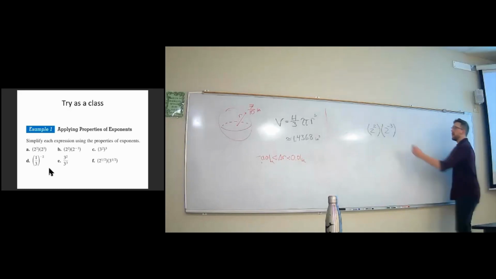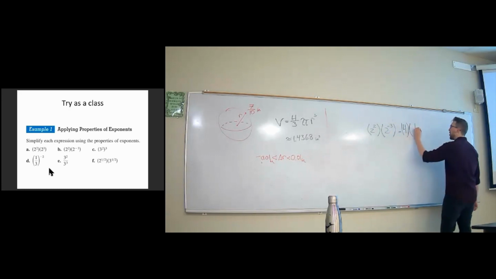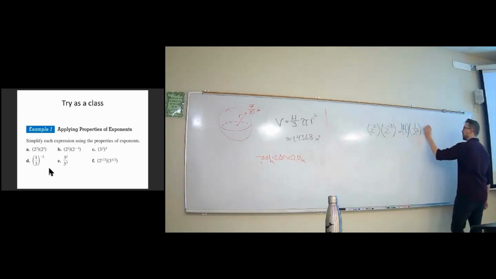We could say this is 4. This is 1 over 2 to the third, which is 1 over 8, right? So 4 times 1 over 8 is going to be equal to 1 over 2, right?